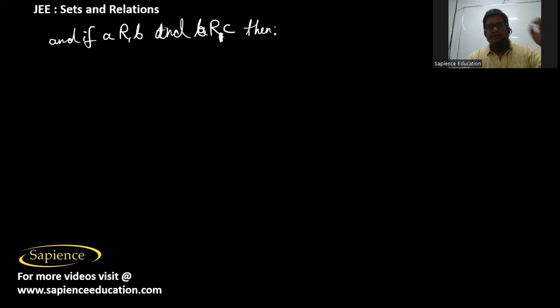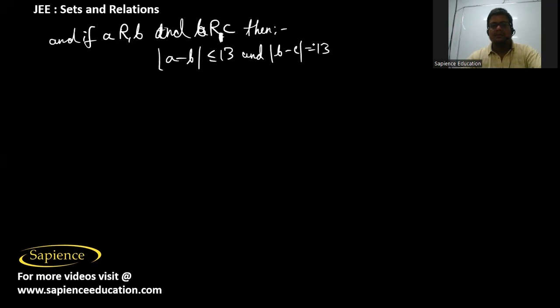If A is related to B and B is related to C under the relation R1, then it means mod of A minus B is less than or equal to 13, and mod of B minus C is also less than or equal to 13.